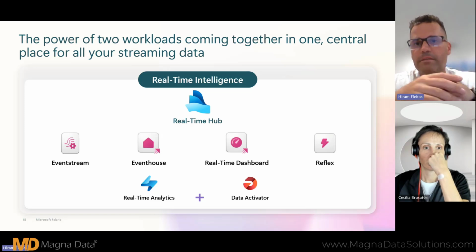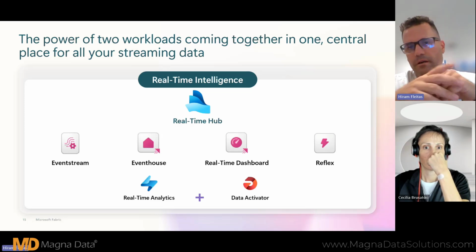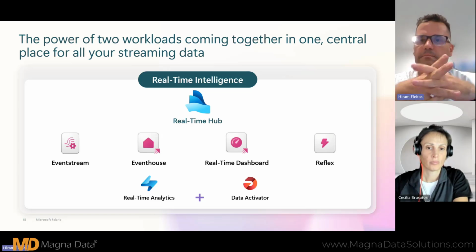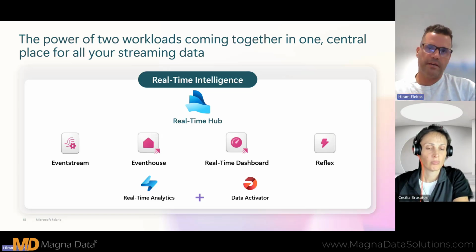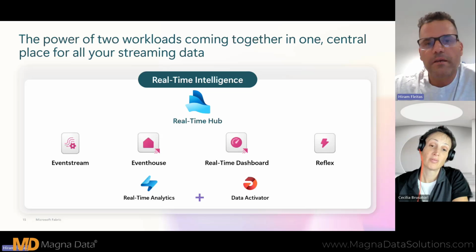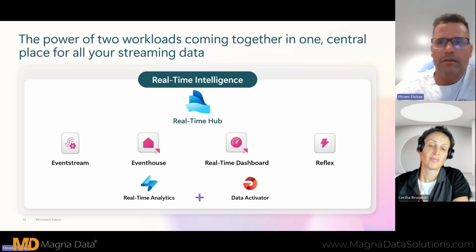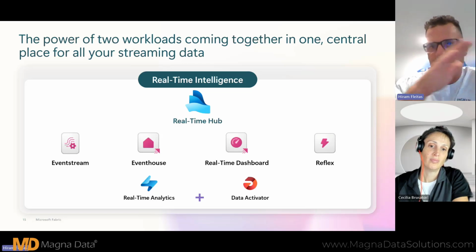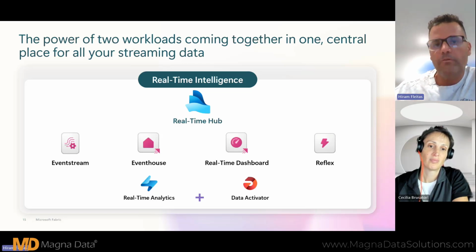The other item that's available in RTI or real-time intelligence is the Reflex item. So this is the code name of Data Activator. Reflex and Data Activator are the same. Data Activator is like the marketing name, where you can create alerts and custom actions over the stream itself, meaning the data that's coming over Eventstream or the data that's being represented inside of a real-time dashboard.